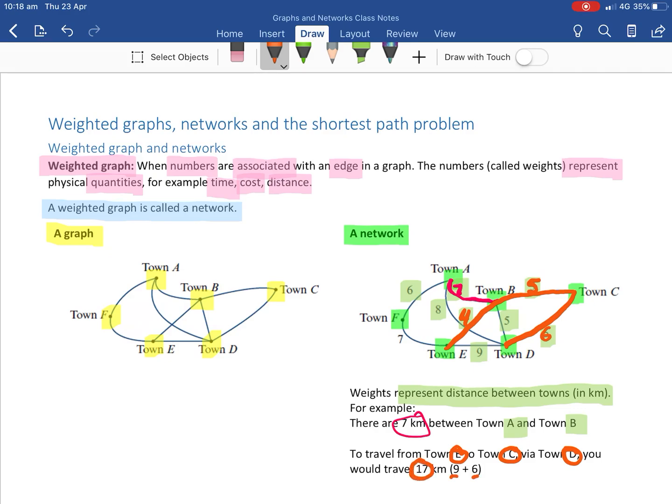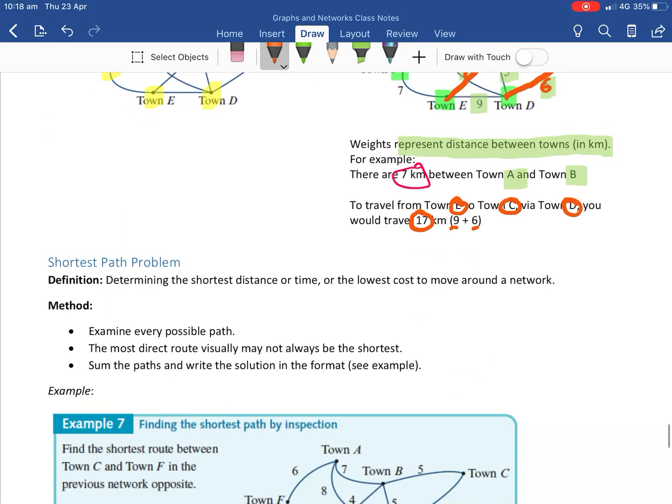So that's where you get the 9 plus 6, which equals 17. So 17 kilometres. So this is what we call a weighted graph, which is a network, where the edges have numbers associated to it. So that's that first part.